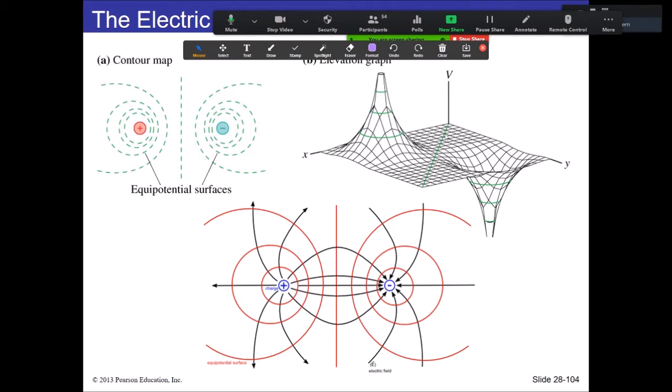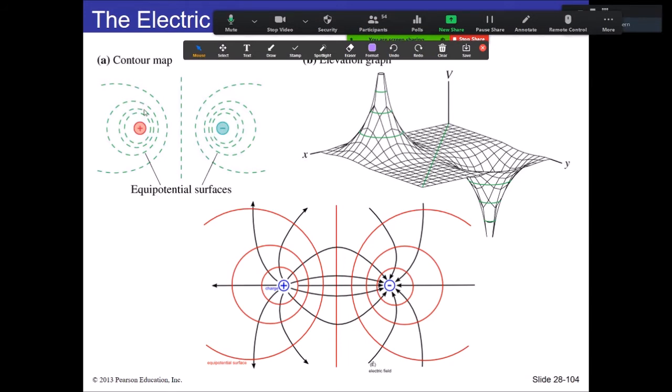You can see that in the elevation graph here. As you get closer to the positive charge, the value goes up. Closer to the negative charge, it goes down. Remember, ultimately what matters when you're doing energy problems is the voltage, the potential difference. An individual value for potential doesn't have a lot of meaning.